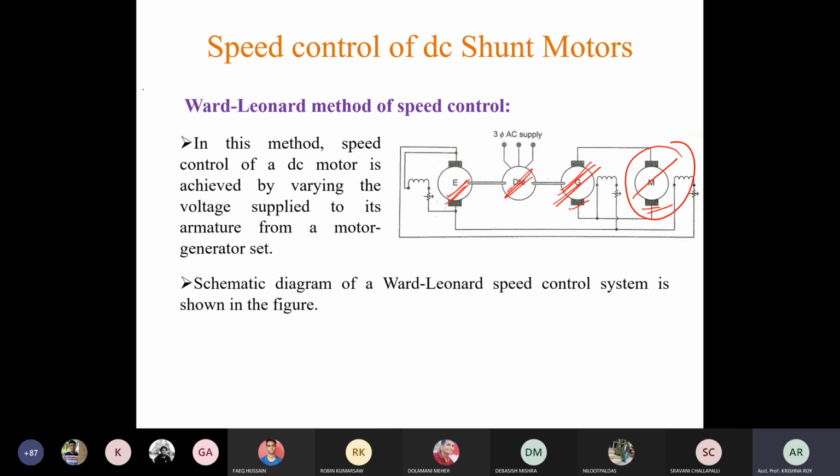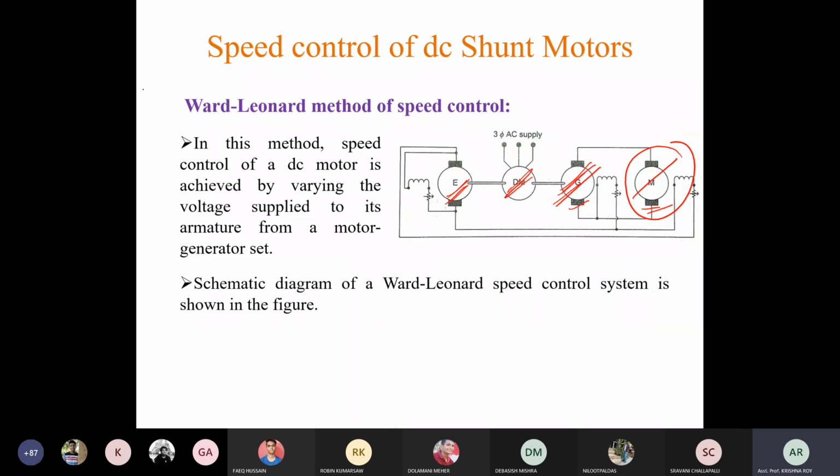Because the generator will generate some voltage that will be given to the armature of the motor, and this is also a generator, but we are using a different name, because this will excite the field winding of this generator as well as this motor. That is why it is named exciter.